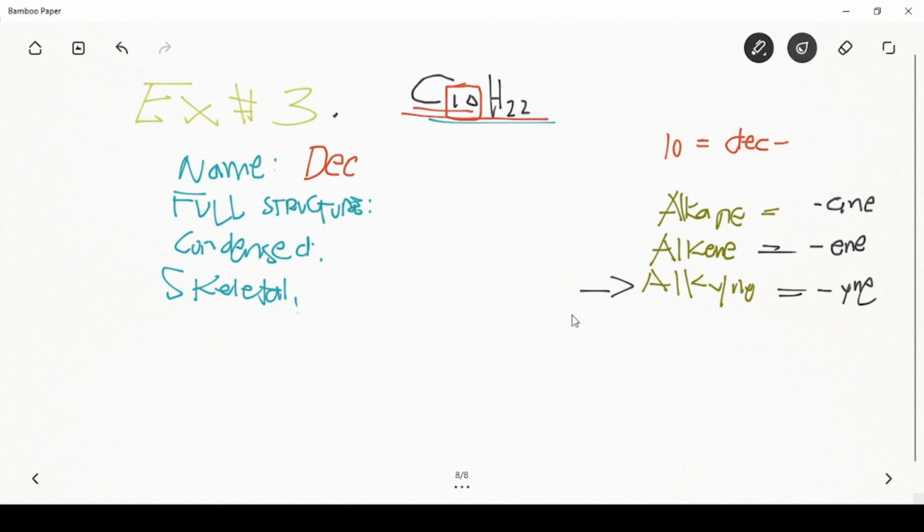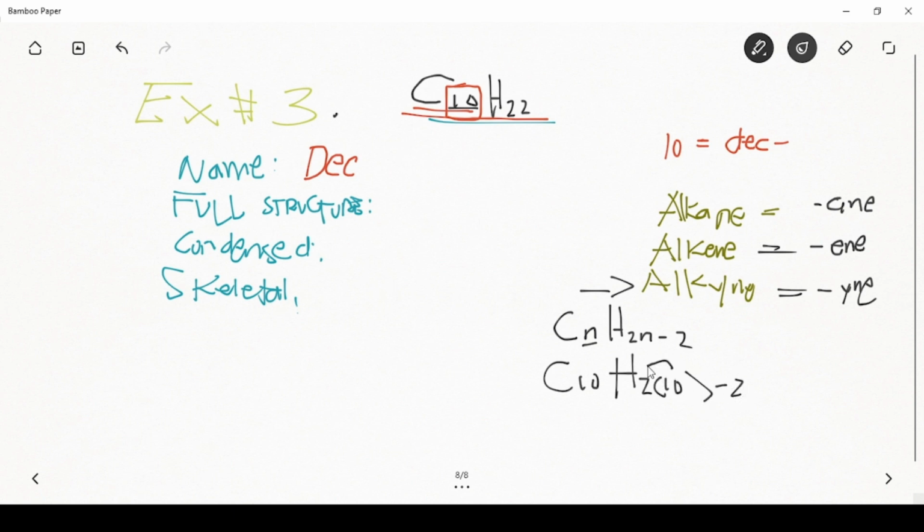The formula of alkyne is CnH2n minus 2. So the C is followed by the letter n, and the letter n represents the number of carbons, which is 10. So C10H2 open parenthesis 10 minus 2.